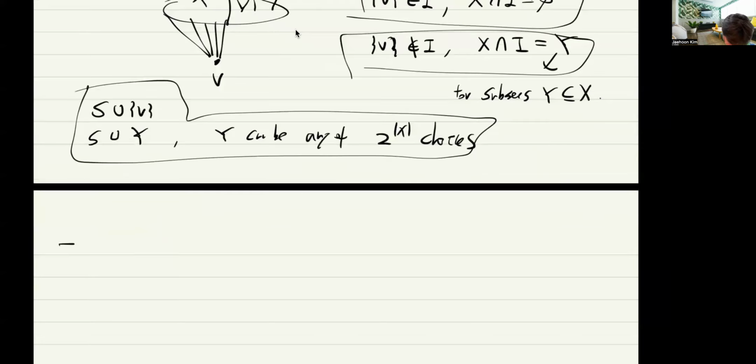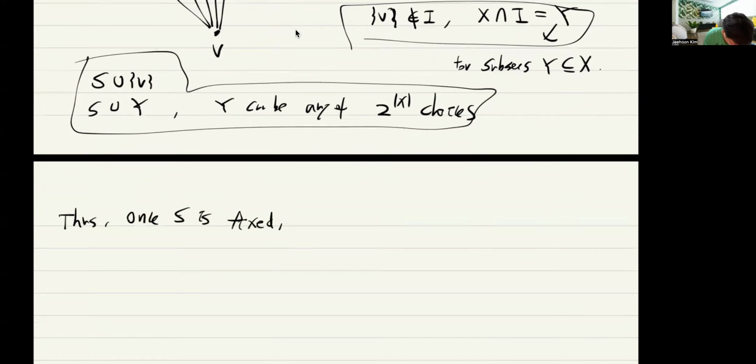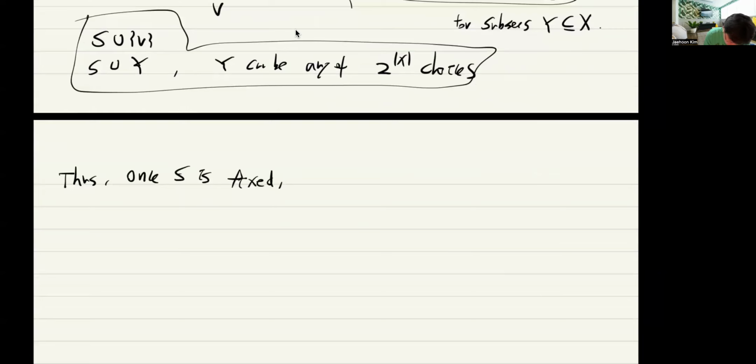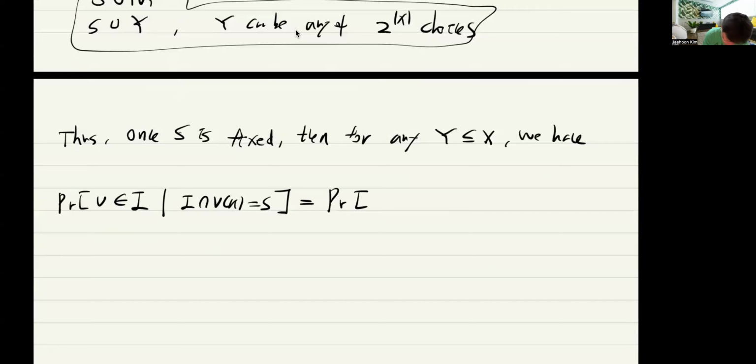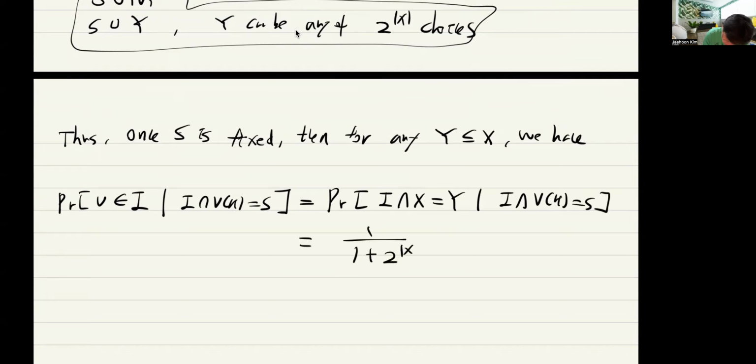So once S is fixed, then for any subset Y, the probability that B is in there, assuming this case, and the probability that I intersection X is Y, conditioning on this, have the same probability, and the probability is actually 1 over 1 plus 2 to the |X|, the size of X.